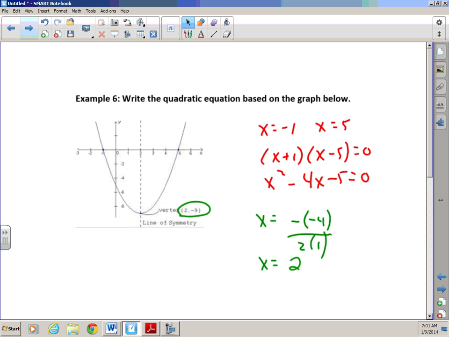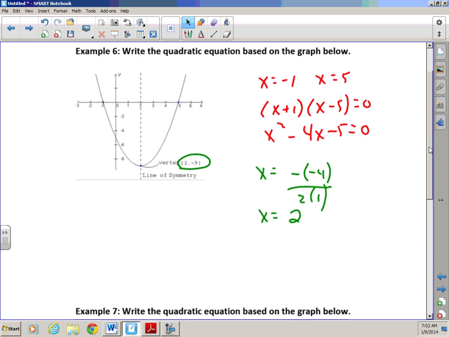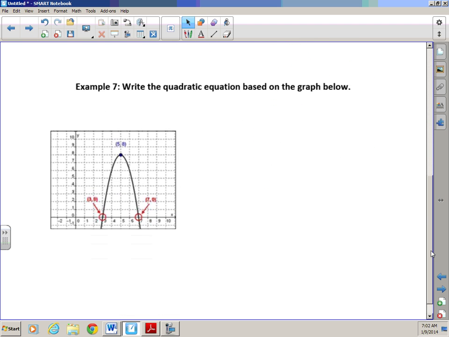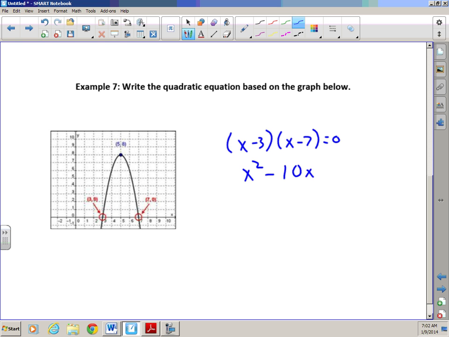And then the next example, write the quadratic equation based upon this graph below. So you see your two roots. I FOIL this out. Now, let's go to the graphing calculator. And let me just pull that up for a moment.